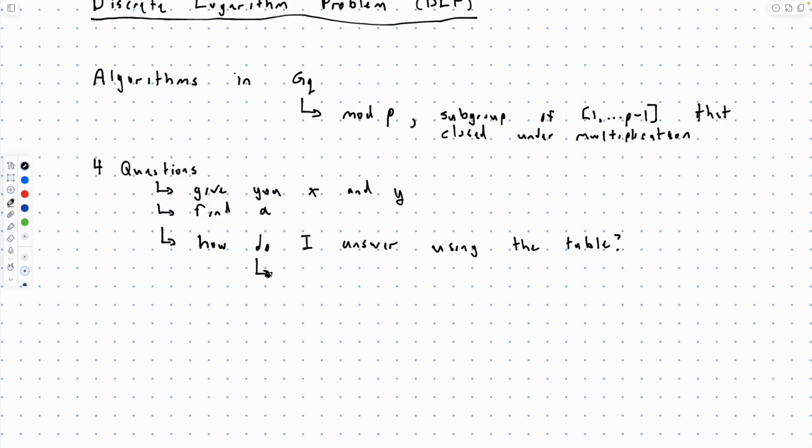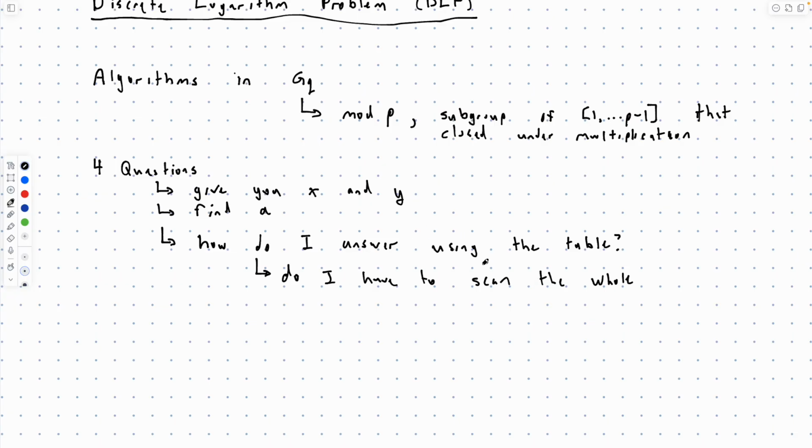So in particular, we're going to ask: do I have to scan the whole table? Sorry, what's the second one? Yeah, there'll be a small equation. It'll have an x, a y, and an a. X and y will be given, and a will be the unknown that you have to try and find.